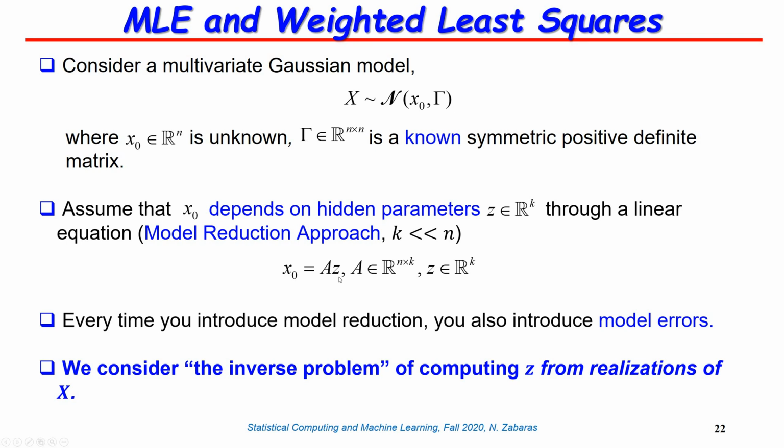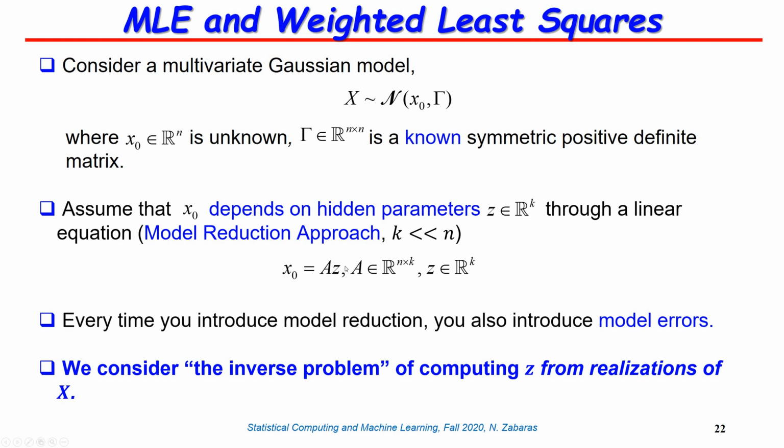Alternatively, you can look at this problem as: you don't have direct observations of z. What you have are noisy observations of x, and these noisy observations come from the Gaussian that you see on the top.